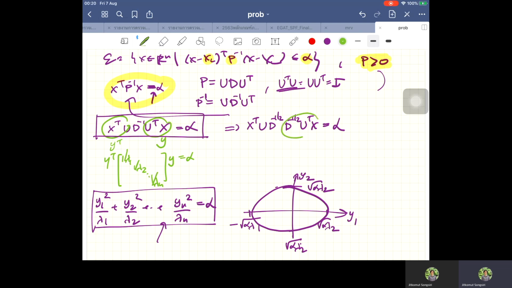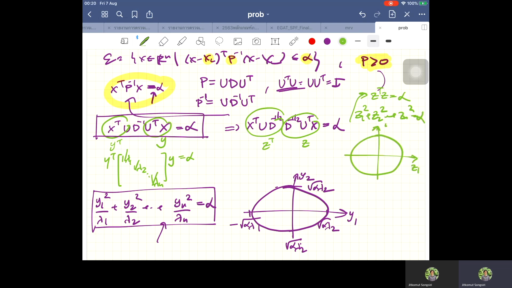Then I call this guy Z, and this guy is Z transpose. Everyone knows that if you are to sketch Z transpose Z equals alpha, that is Z1 square plus Z2 square dot dot dot Zn square. Everyone should know that this must be a norm ball, a circle, a ball in n dimensions.